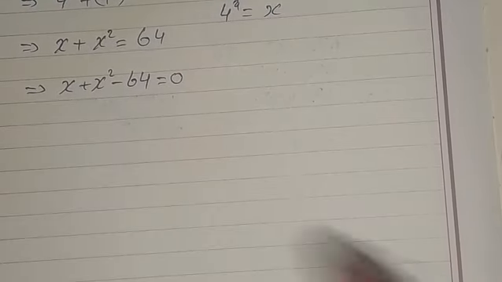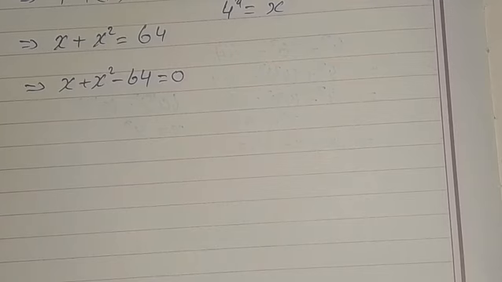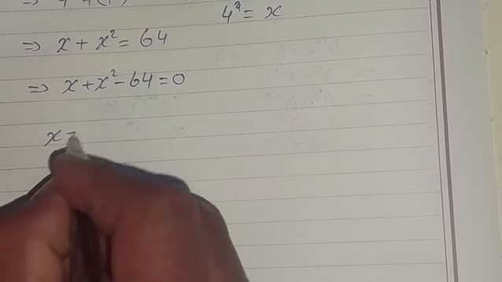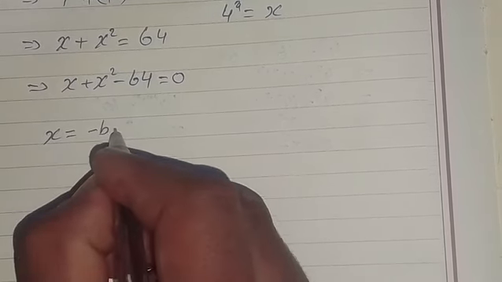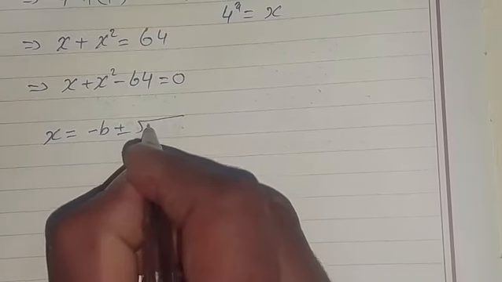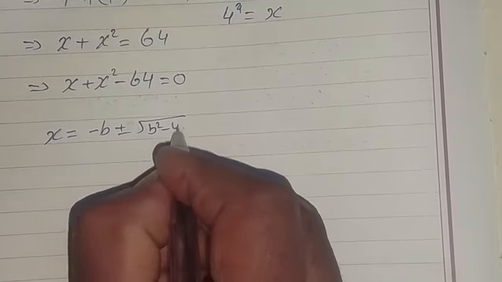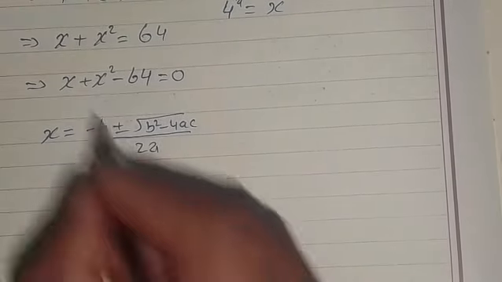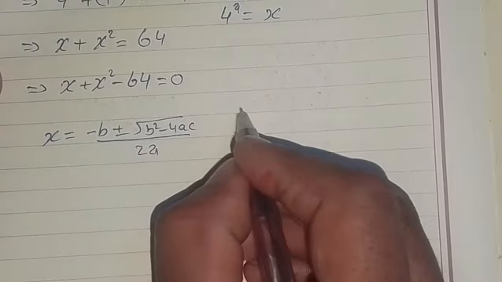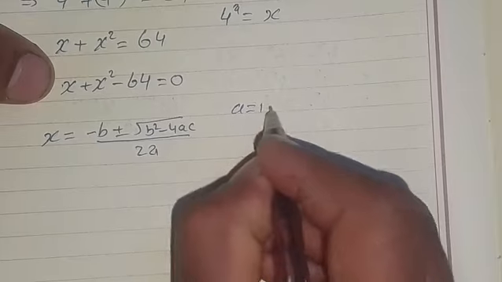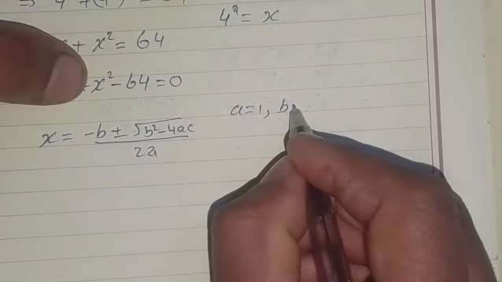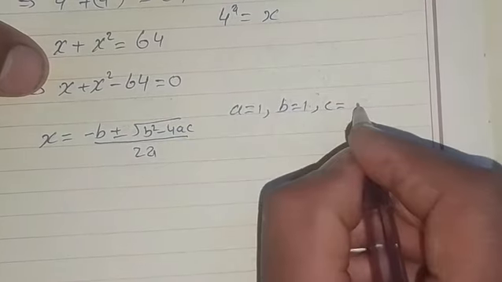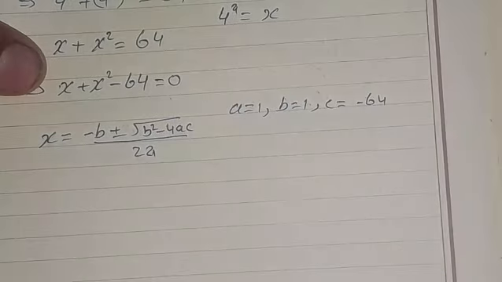Now we use the quadratic formula. We know that the quadratic formula is x = (-b ± √(b^2 - 4ac)) / 2a. Now here a = 1, b = 1 and c = -64.